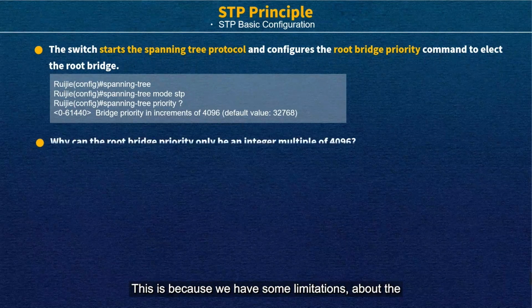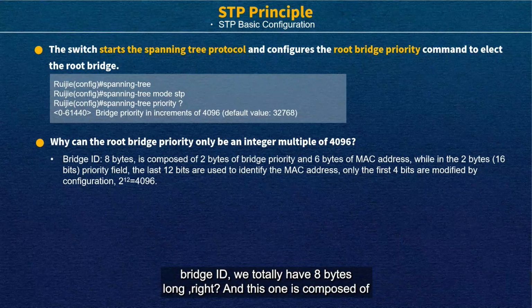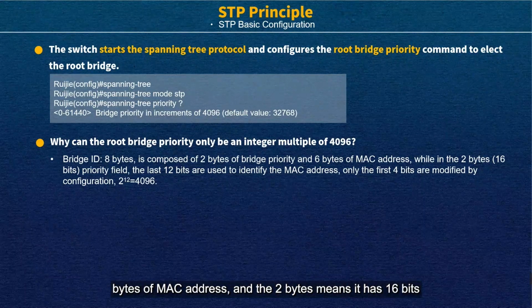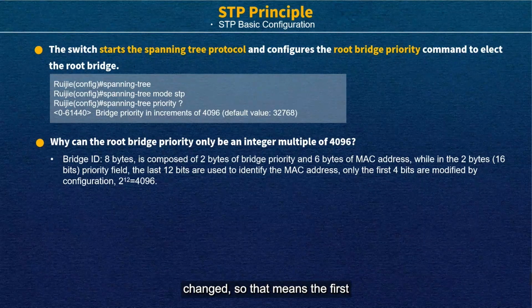When you configure the priority, the step is an increment of 4096. This is because of a limitation in the bridge ID. It is 8 bytes long in total, composed of 2 bytes of bridge priority and 6 bytes of MAC address. The 2 bytes are 16 bits, and the last 12 bits are the system ID, which cannot be changed.